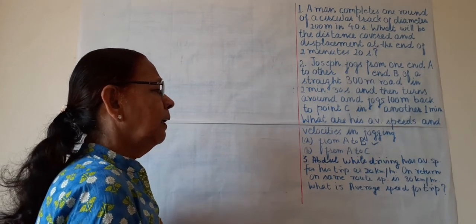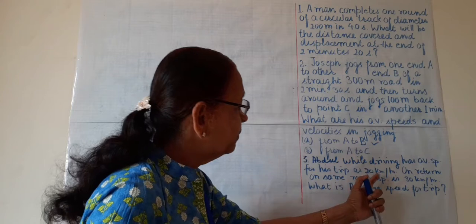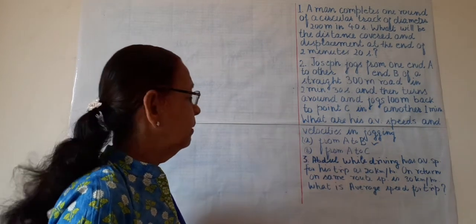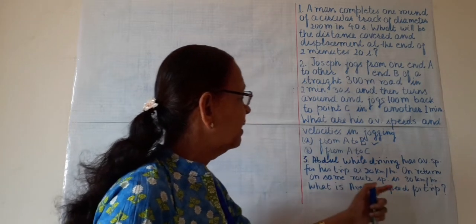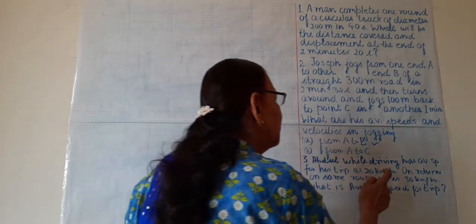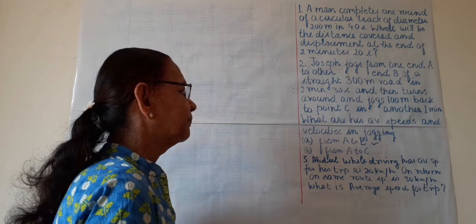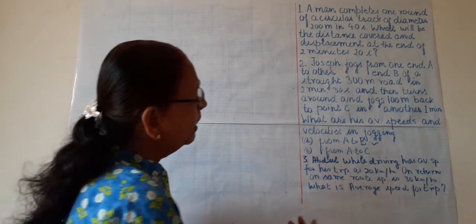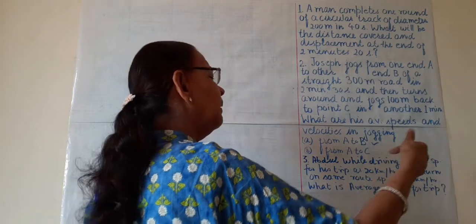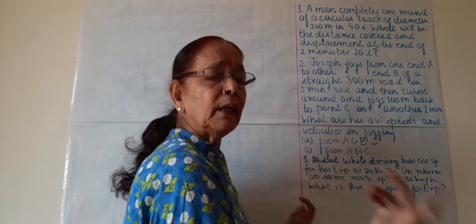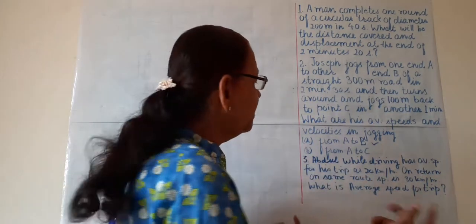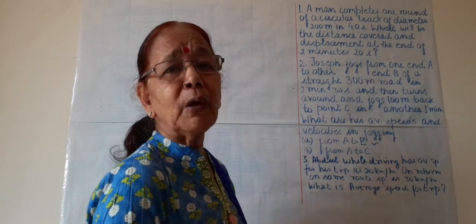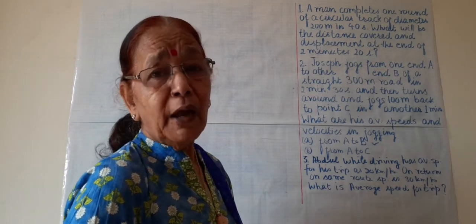As only speed is given, we need not convert to meters per second, because for the average speed of the trip we can answer in kilometers per hour. At first glance, it looks like if 20 kilometers this way, 30 kilometers this way, then the average will be the mean of these two. 20 plus 30 divided by 2, that is 25 kilometers per hour should be the average.